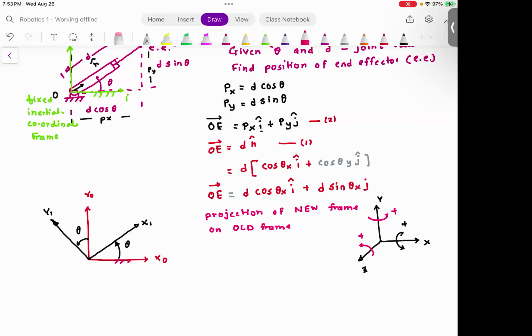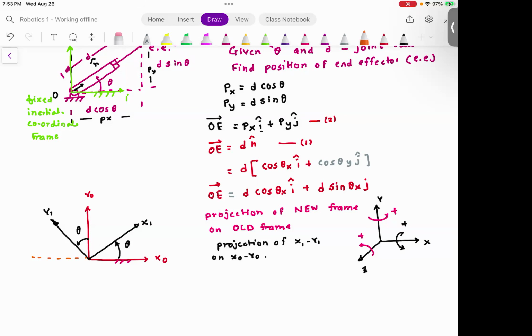So in this case, I want to find out the projection of x1, y1 on x0, y0. Do you agree with me? Projection of, projection on. How do you find out projections? By drawing perpendiculars. Do you agree with me?